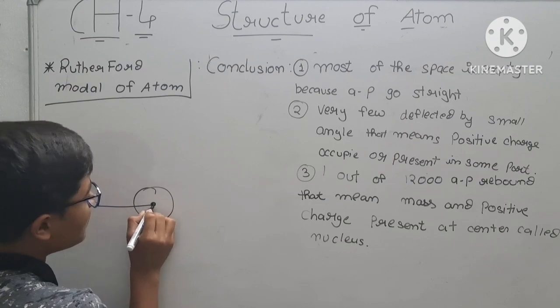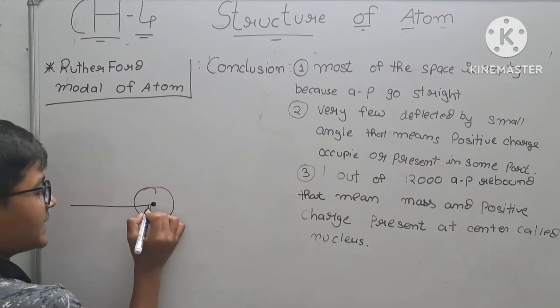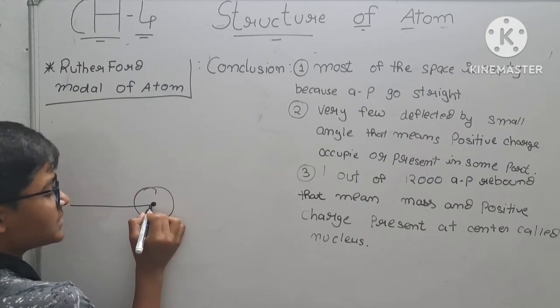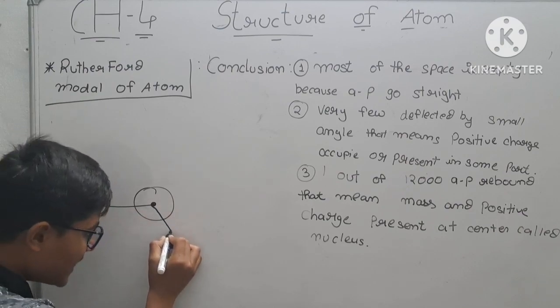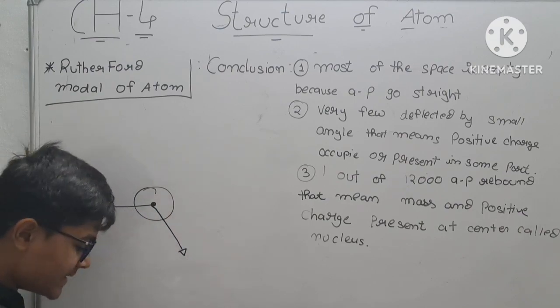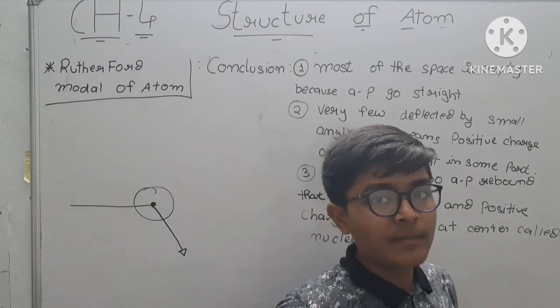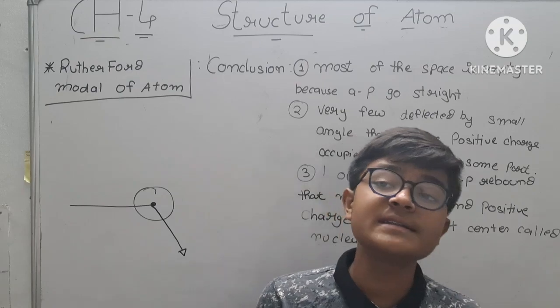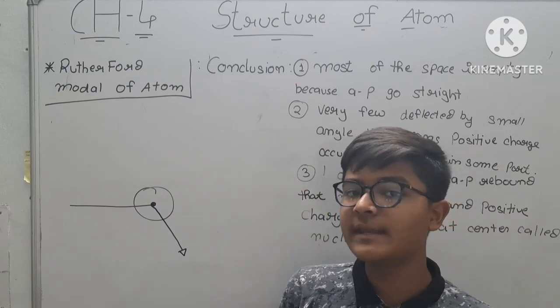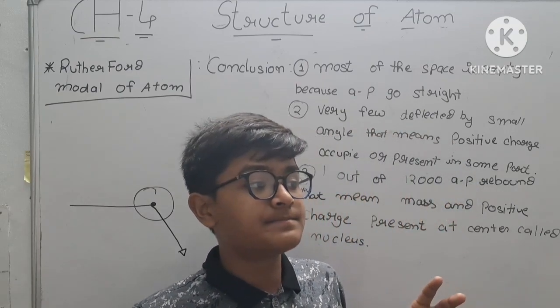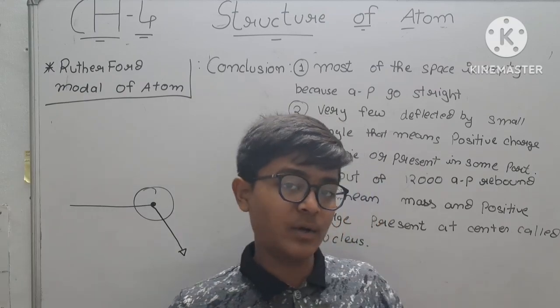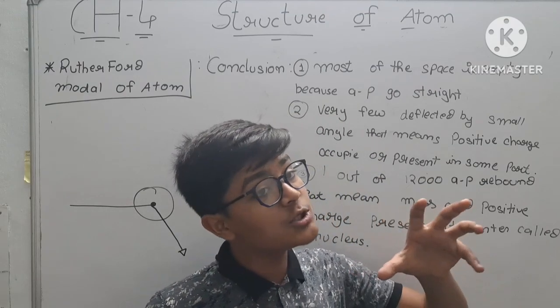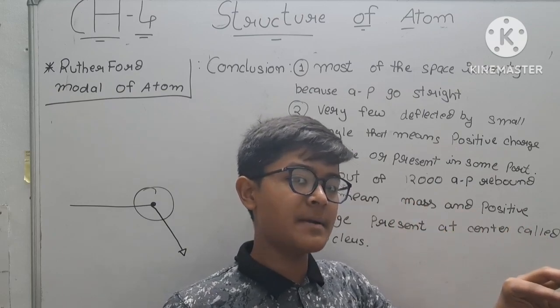The alpha particles hit the positively charged sphere and deflected. He said very few particles deflected by small angles. That means the positively charged sphere occupies a very small area. That means Thomson's model of the atom was very wrong. He said the whole sphere is positive and electrons are embedded.